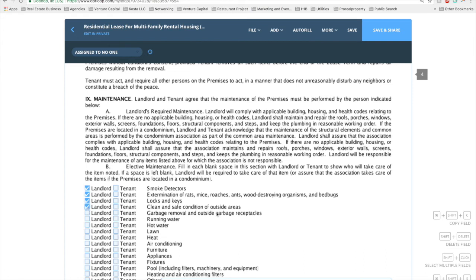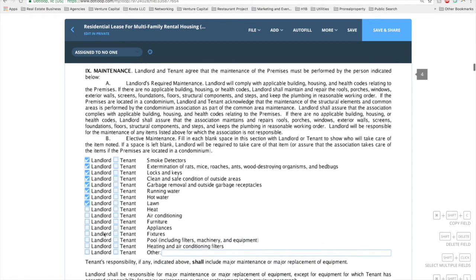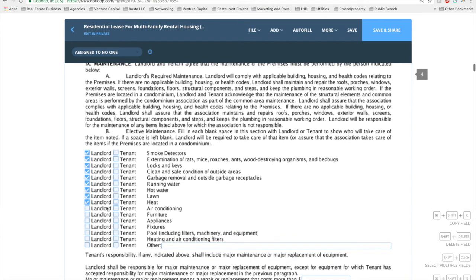Garbage removal and outside garbage receptacles. Landlord. Running water. Landlord. Hot water. Landlord. Lawn. Landlord. Heat. Landlord. Air conditioning. Landlord. Furniture. This is tenant because it's unfurnished. Appliances. Landlord. Fixtures. Landlord. Pool. Landlord association.